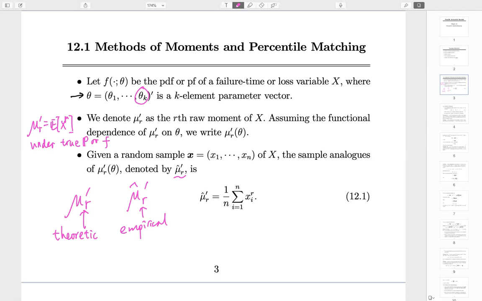We have a hat on top because it's an empirical estimate. As you have already imagined, we apply the standard empirical distribution. So there are n observations. We assign equal probability to each of them, meaning each of them has a probability of 1 over n. So this can be easily computed as long as you have all the available observations.